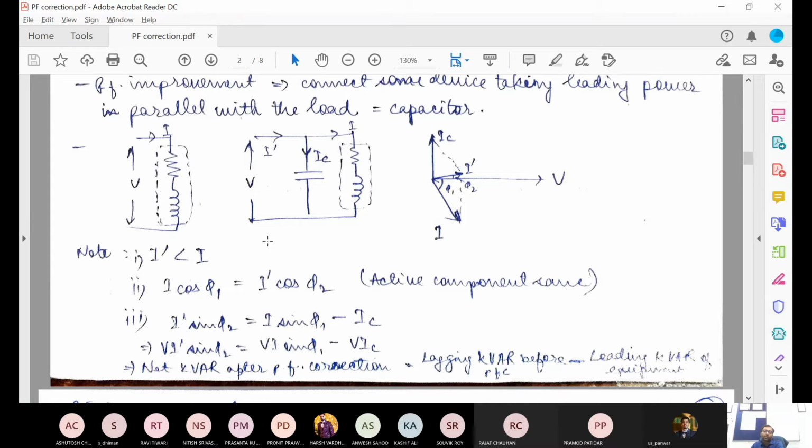And so due to that phasor summation, the magnitude of I dash is actually lesser than your I. And you can see visibly in this phasor diagram that the active component of I dash and I is same, but the reactive component of I dash is much lesser than I. So obviously I dash has to be less than I. Okay. Other questions?